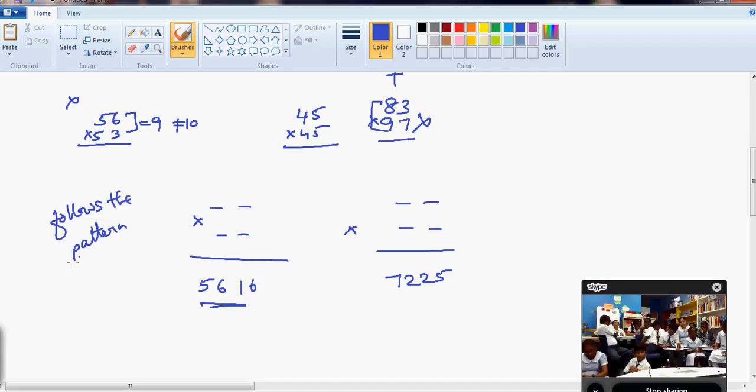Both these problems follow the pattern. Okay, some of you got the answer already. Okay, so Ravle.